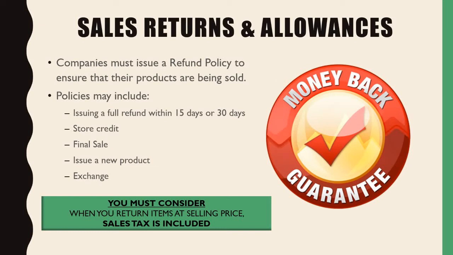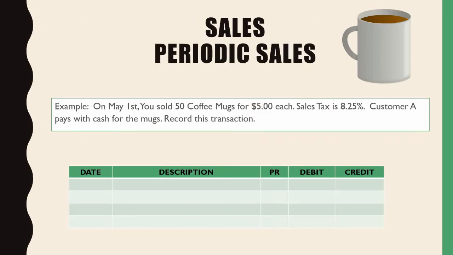Okay? So, once again, sales returns and allowances is based off of how you want to have those restrictions as well as your company policy. All right, so let's go ahead and take a look at our very first example here.